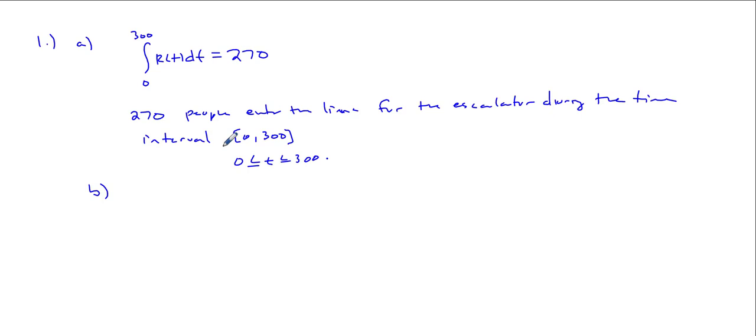Or out of line, I should say. So that would be 20 plus the integral from 0 to 300 of the rate in, or rate on, minus 0.7 dt.